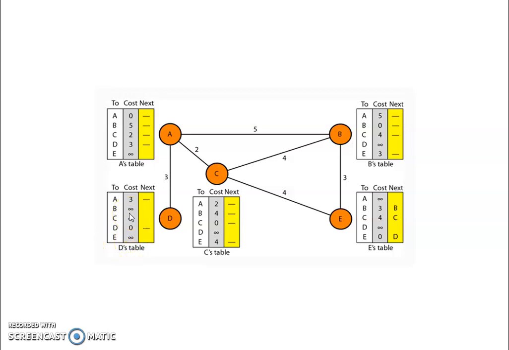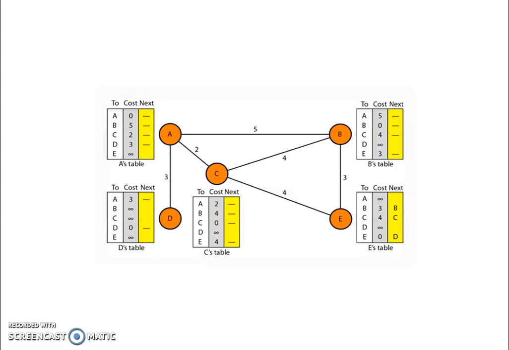B is also not directly connected, so the distances to these three nodes are noted as infinity. And for E, A and D are not directly connected, so the distances to these two nodes are denoted as infinity. So this is the first step. This is the initialization table for nodes A, B, C, D, and E.